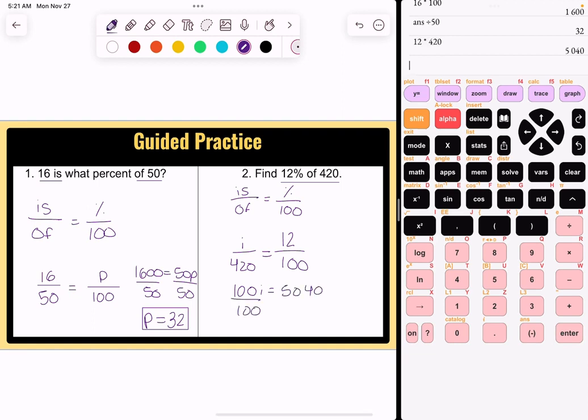Divide by 100. The is equals 50.4. So 50.4 of 420 would get us 12%.